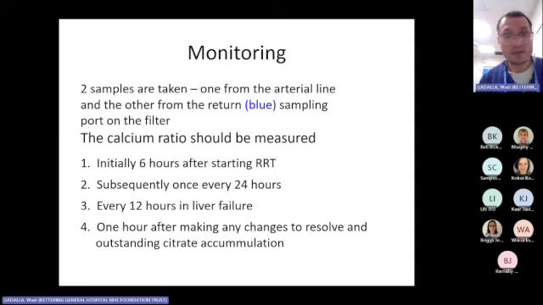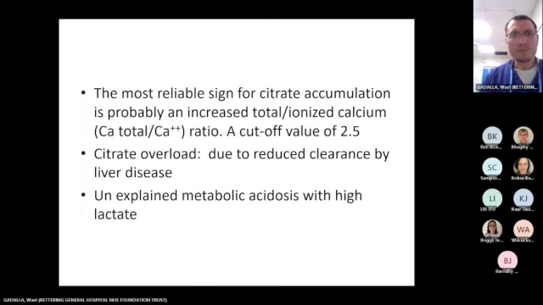But if the patient has decompensated liver failure, we can't use this, because the citrate will accumulate in the body, as the liver is the main site of metabolizing citrate. The most reliable sign of citrate accumulation is a ratio of total to ionized calcium with a cutoff of 2.5.